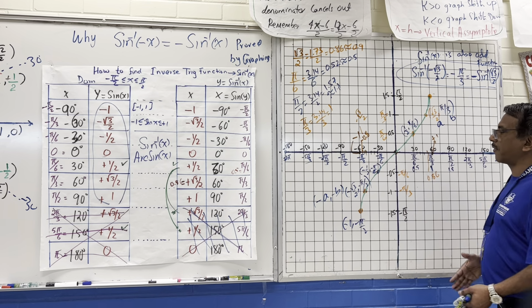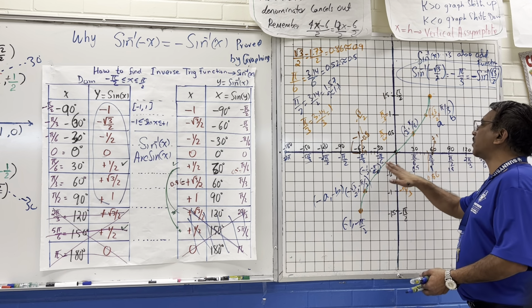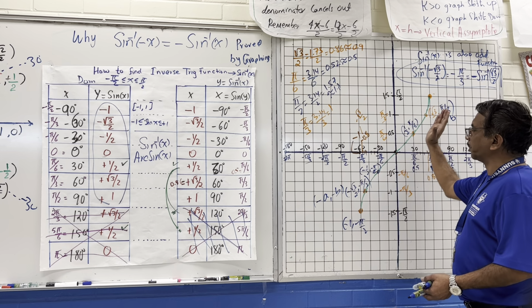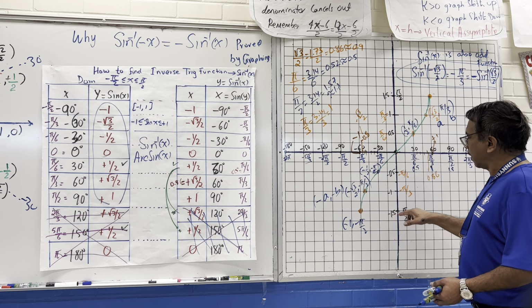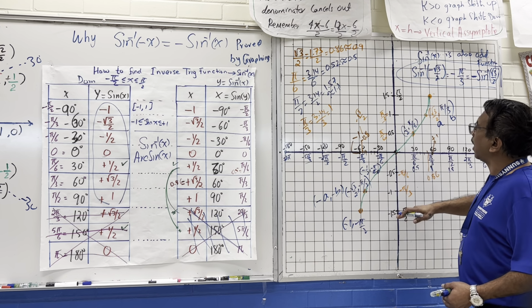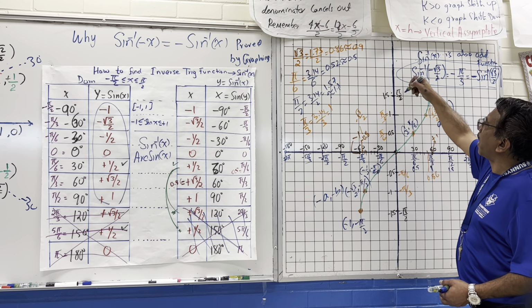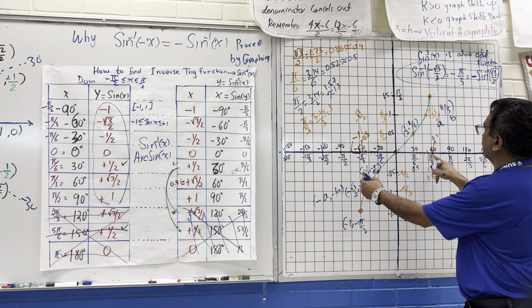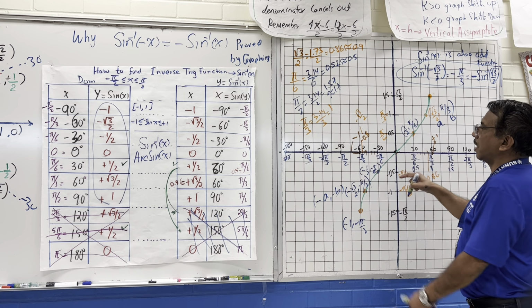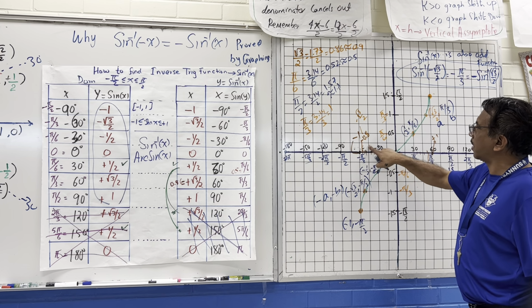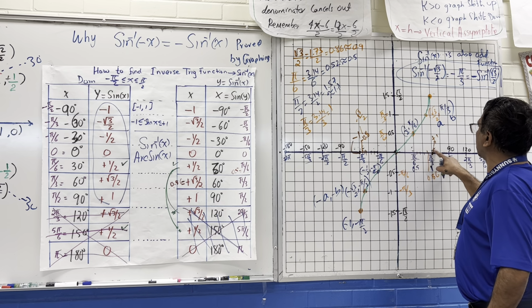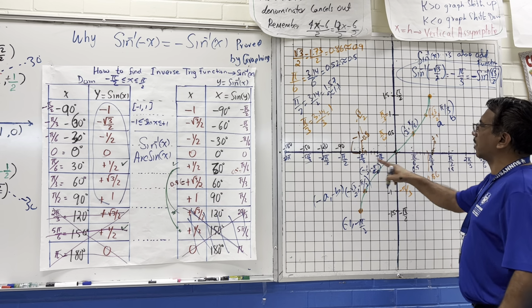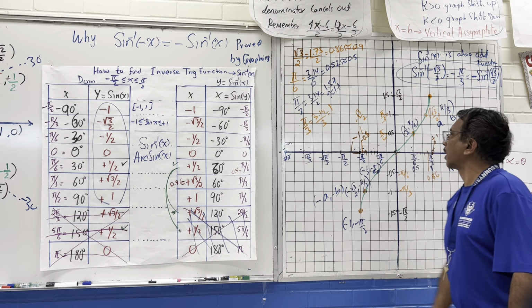Here is the graph: the sine inverse graph goes this way, the lowest it goes to is -π/2, the maximum is π/2, and it's between -1 and +1. Now let's take this off to avoid confusion.